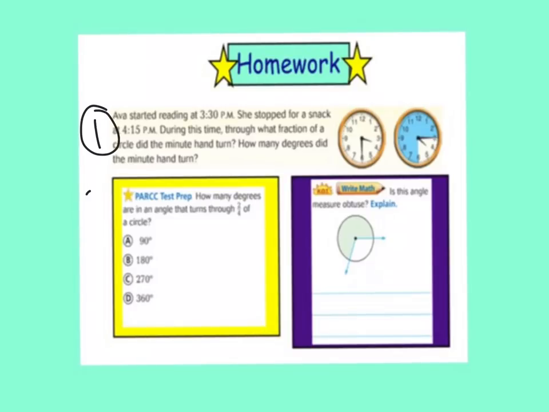Second question is down here to our left. It says, how many degrees are in an angle that turns through 2/4 of a circle? So remember, you have your circle, and you're going to go ahead and split it up into fourths and count the degrees. Now remember, you can use our rule of thumb.